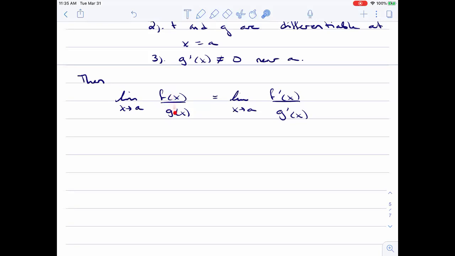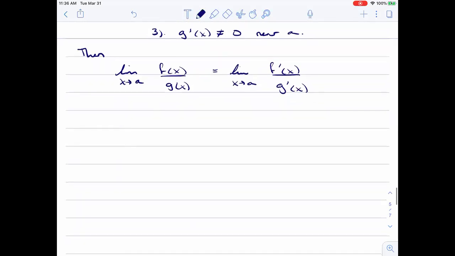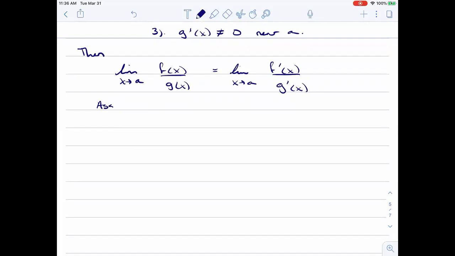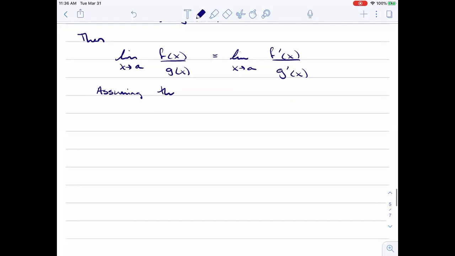If this thing is hard to find the limit of, then maybe the derivative of the top over the derivative of the bottom is easier. Notice that you're not taking the overall derivative, right? You're just taking the derivative of each of them individually. So that's going to be huge if we can find these derivatives and they're easy to find the limit of. So assuming the limit exists.